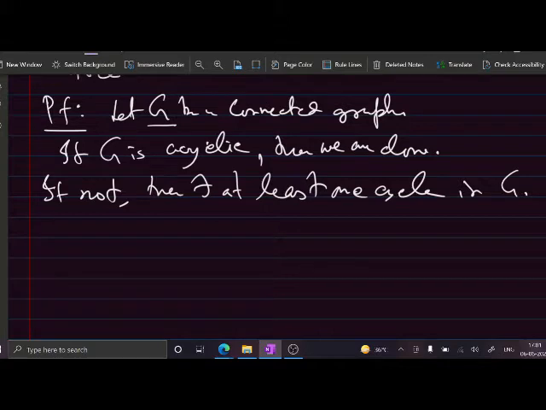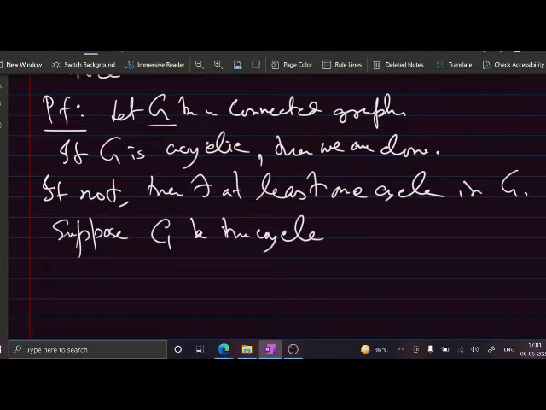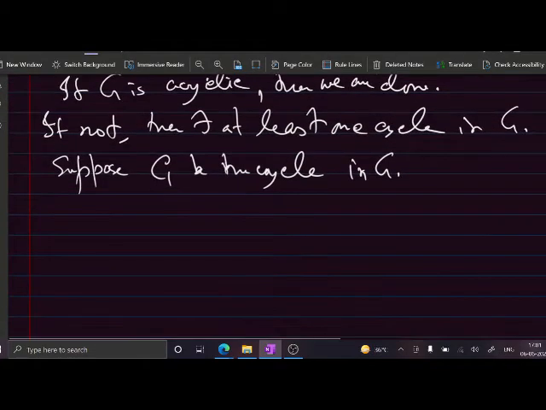Okay. So what we shall do? Suppose C1 is the cycle in G. There are many, but we just start with this cycle C1. Then in this cycle, you need to delete one edge from the cycle.